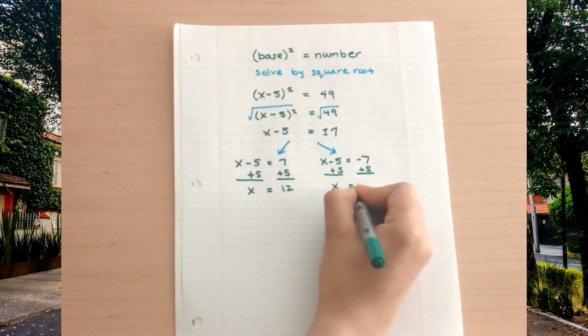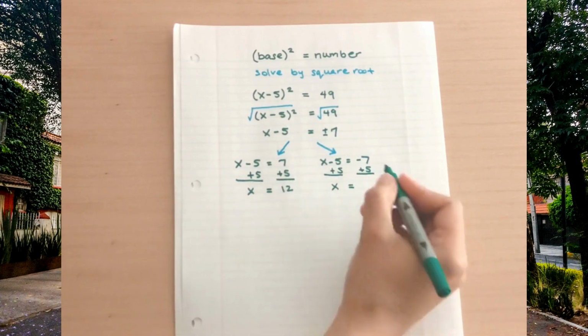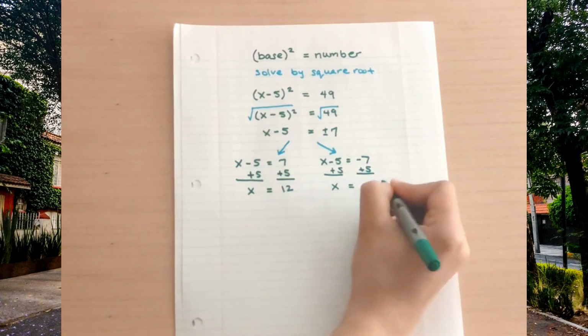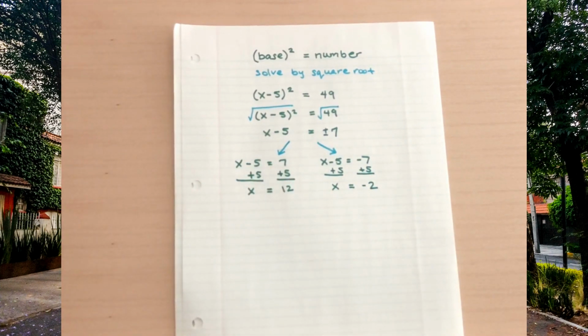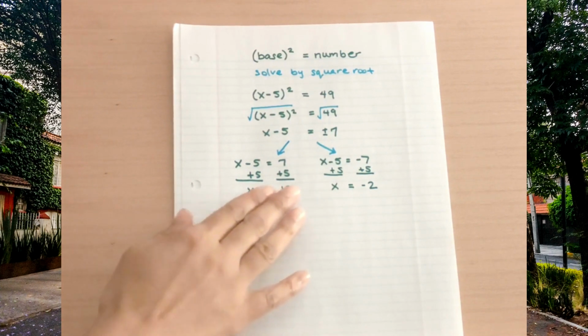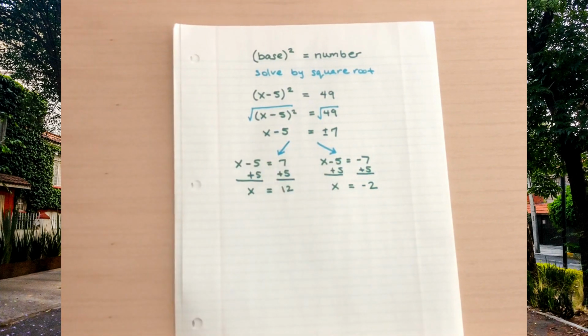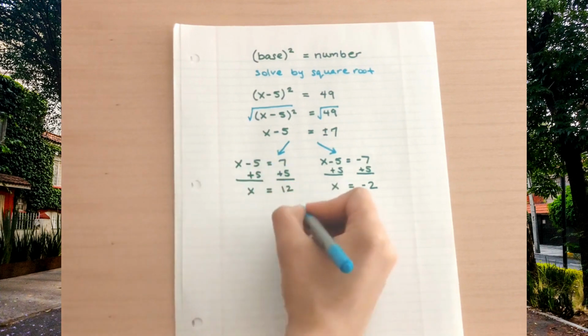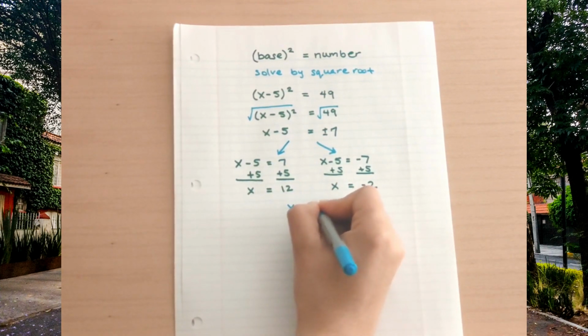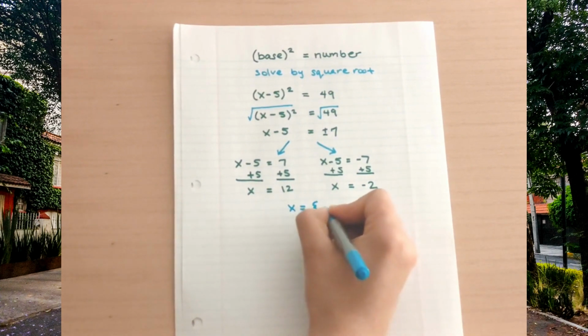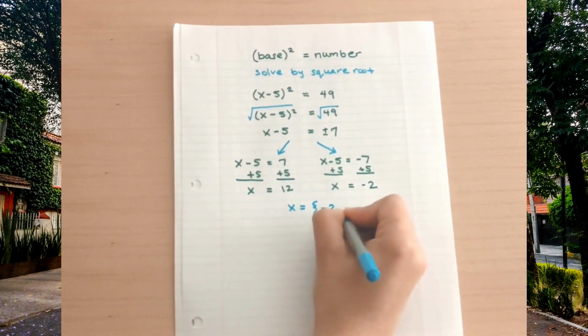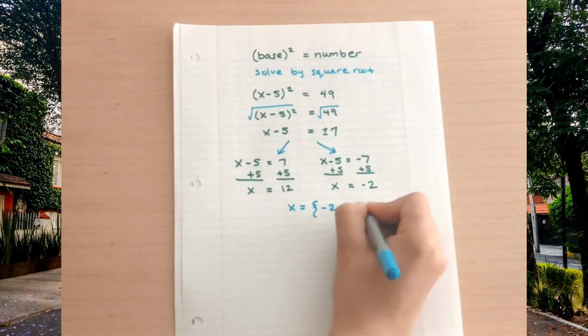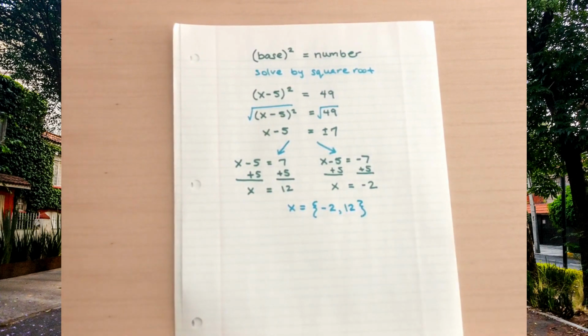Now we have x equals negative 7 plus 5, which is negative 2. Okay, so now we have our two solutions, 12 and negative 2, which we can write in set notation if you want to write it in a fancy way, where we just write our two solutions listed in the curly brackets.